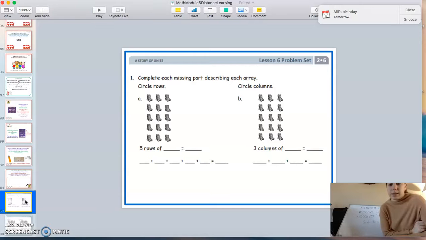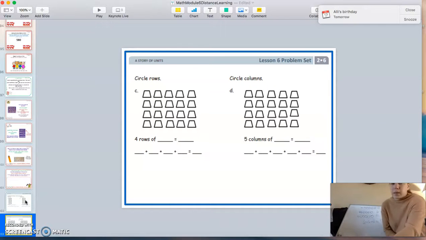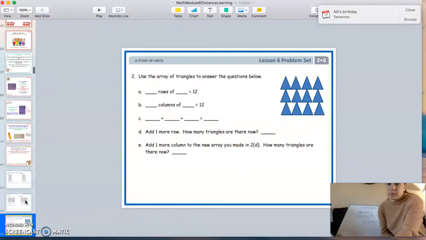And then write your repeated addition sentence. And then 3 columns of what equals, and then your repeated addition sentence. You're going to do the same thing for part C and D. And then number 2, you're going to answer this using the picture on the side.